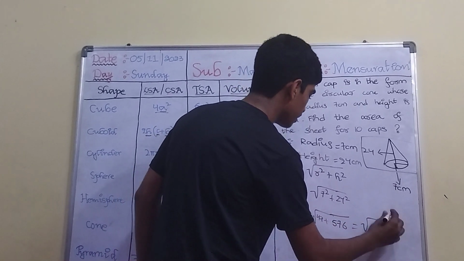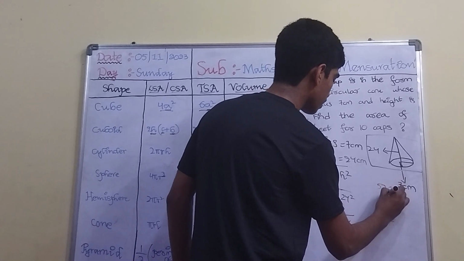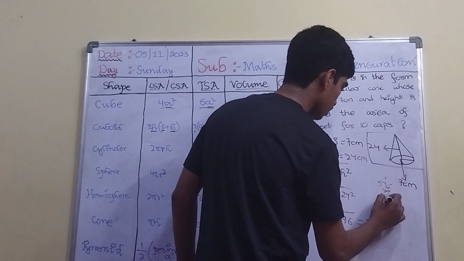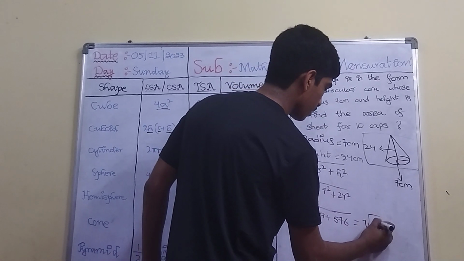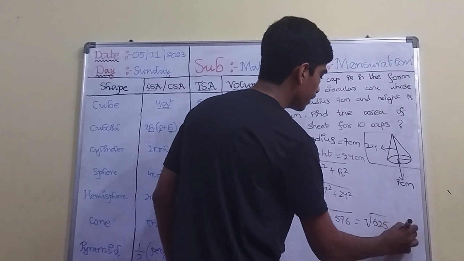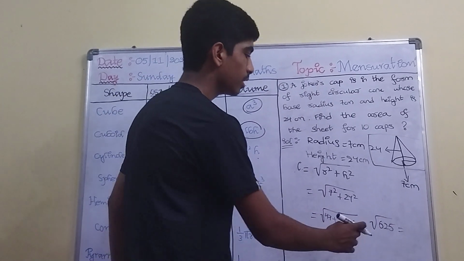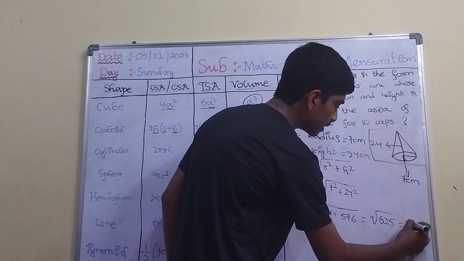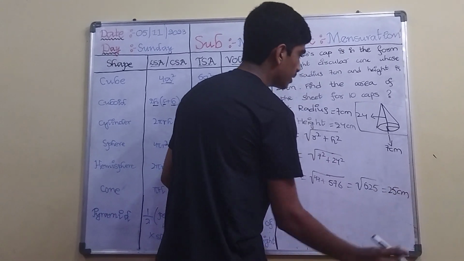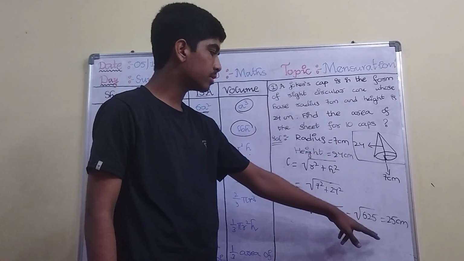So 576 plus 49 is 625. Under root 625, it means 25 because 625 can be written as 25 whole square. Square and root will be get cancelled. So the slant height to make one joker cap is 25 centimeter.